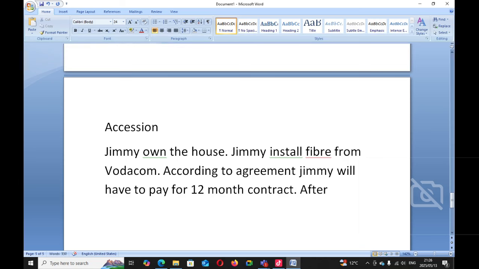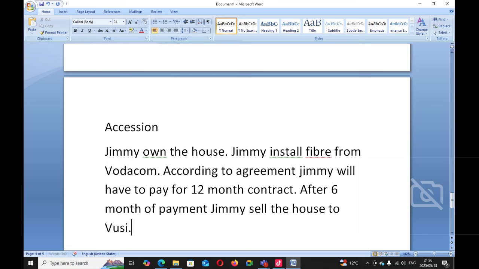After 6 months of payment, Jimmy sold the house to Vusi. Vodacom now wants to install the fiber.